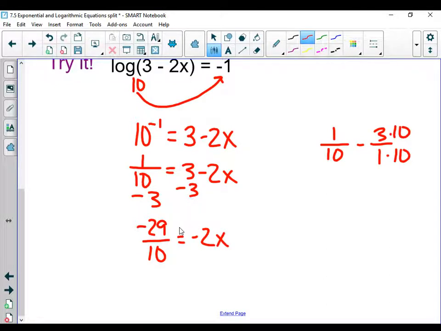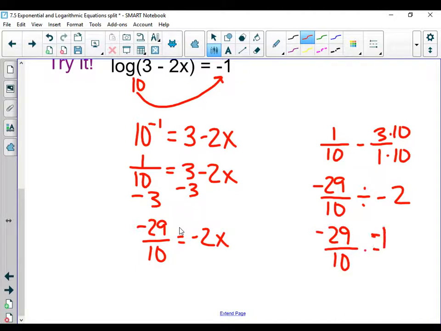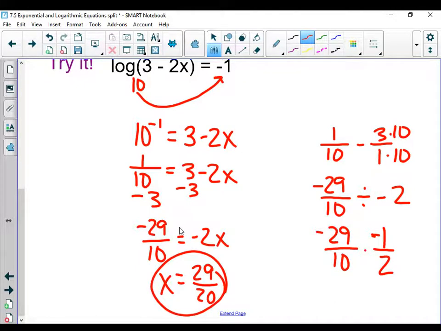And if I'm taking negative 29 over 10 and dividing it by negative 2, I'm technically doing negative 29 over 10 times negative 1/2. So then I just end up with a positive 29 over 20.